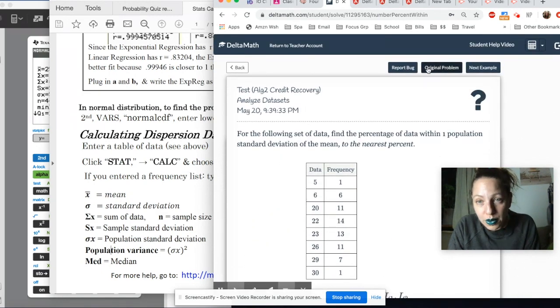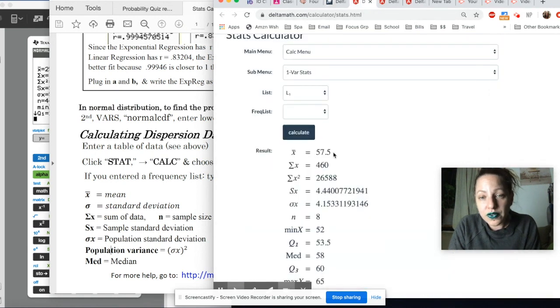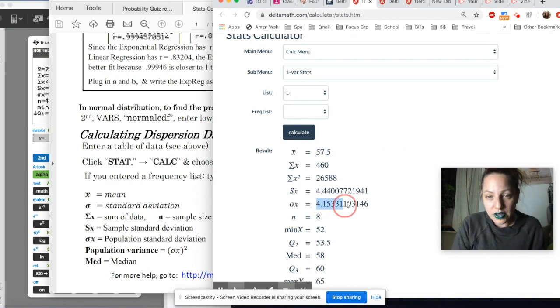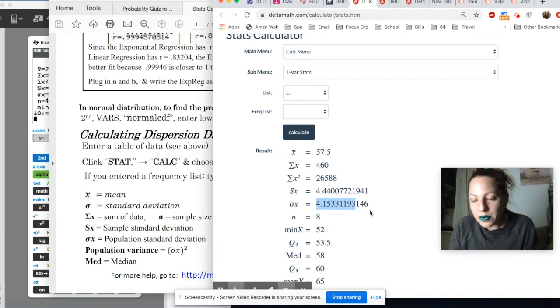So if I go back to my original problem, the average was 57.5, and the population standard deviation was 4.153. So I'm going to add 57.5 plus 4.153, and then I'm going to do 57.5 and subtract 4.153. So that's going one above and one below. That gives me 53.347 up until 61.65.